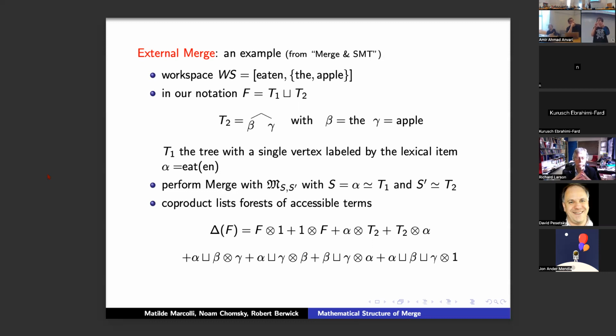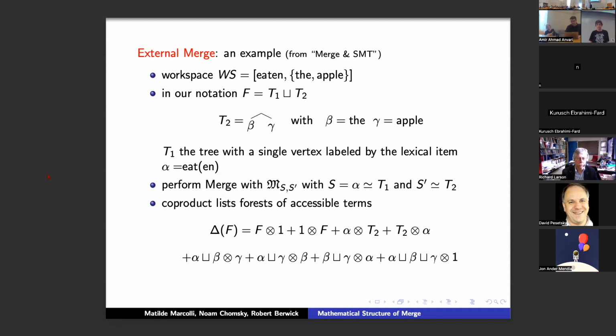Here you have two syntactic objects, and so the decompositions where the syntactic objects remain indecomposable are either the whole forest not decomposed, so the first two terms, or the two objects separated, one on one side, one on the other, but not decomposed themselves. One of them is a point, so you cannot decompose it, but the other one you can. And so the remaining terms are the ones where you decompose the one that can be decomposed. So the coproduct is all of these possibilities.